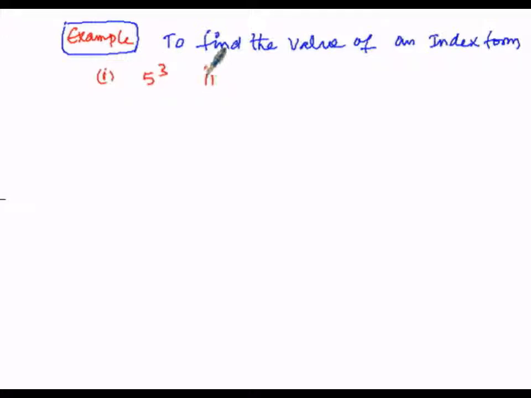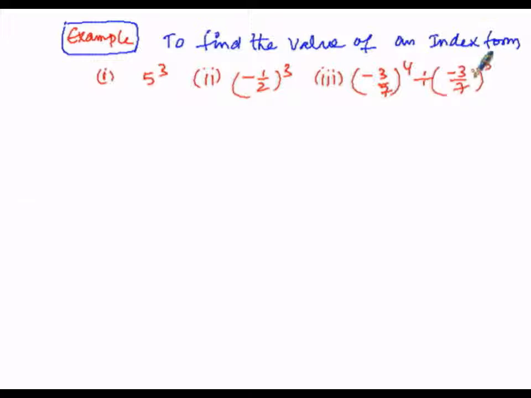The second one, minus 1 by 2 whole to the power of 3. Then the third one, minus 3 by 7 whole to the power of 4 overall divided by minus 3 by 7 overall to the power of 3. So now let us find the solutions for all these three cases.